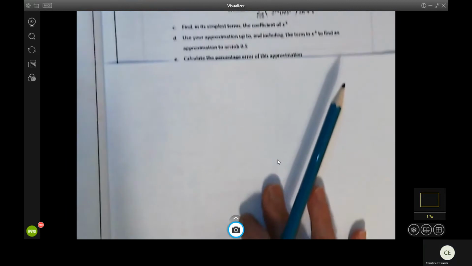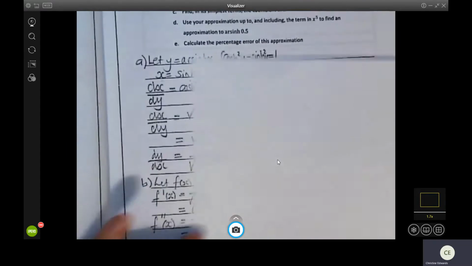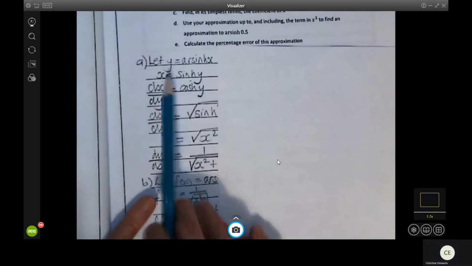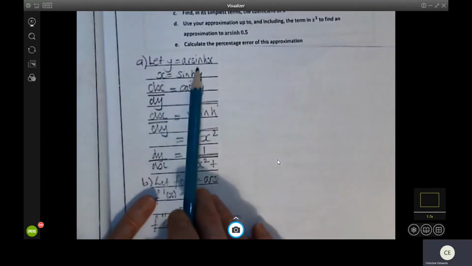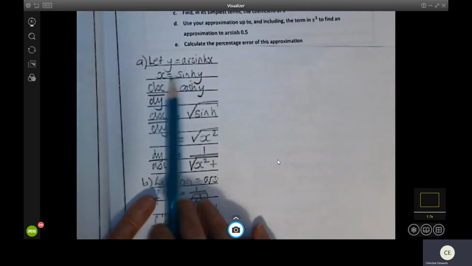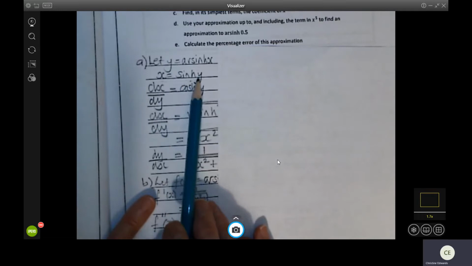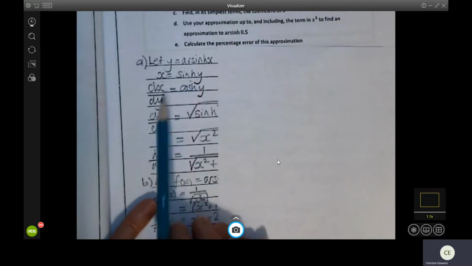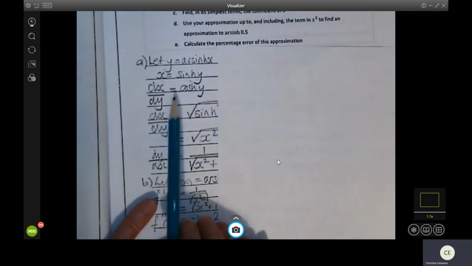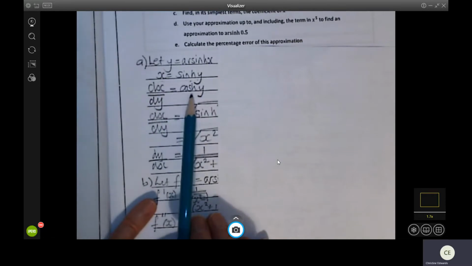Now, part A. I'm going to let y equal inverse of hyperbolic sine x, and that means that x equals sinh of y. I then differentiate with respect to y, so we get dx by dy equals cosh of y.